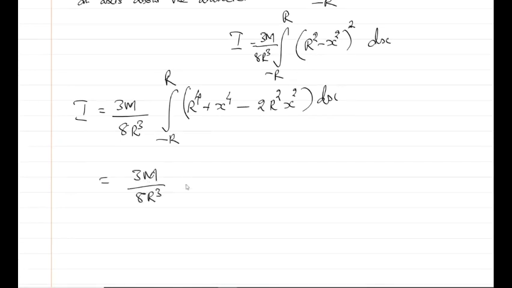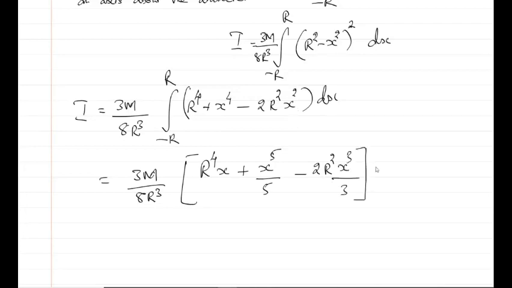And now let's integrate this one. So r power 4 dx will be r power 4 x, plus x power 4 dx will be x power 5 by 5, and this will be 2r square x cube by 3. That will be the integration with the limits minus r to plus r.